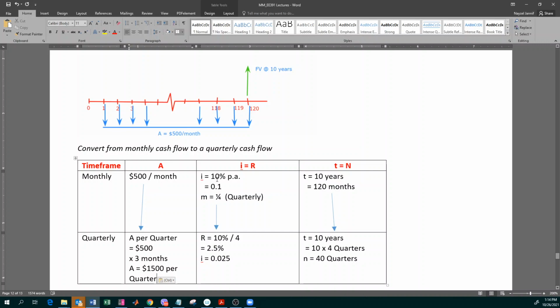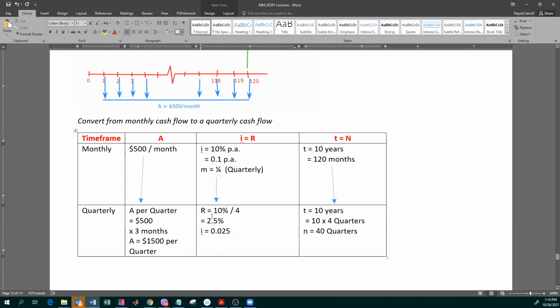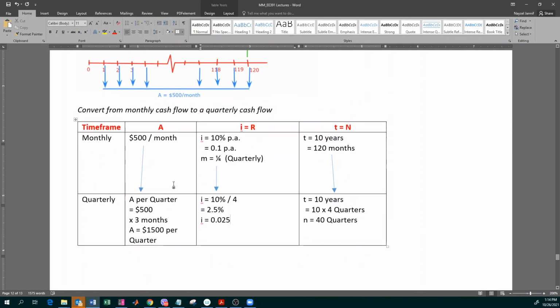Your interest rate was 10% per annum, which was 0.1 per annum, and your compounding is quarterly. So your rate is 10% divided by 4, which is 2.5%, and that is 0.025. Now your time was 10 years, which is 120 months. We convert that. That becomes 40 quarters.